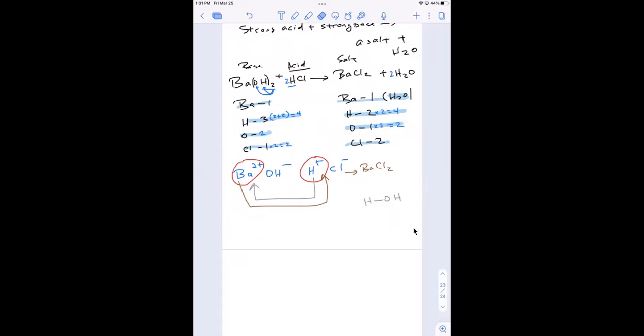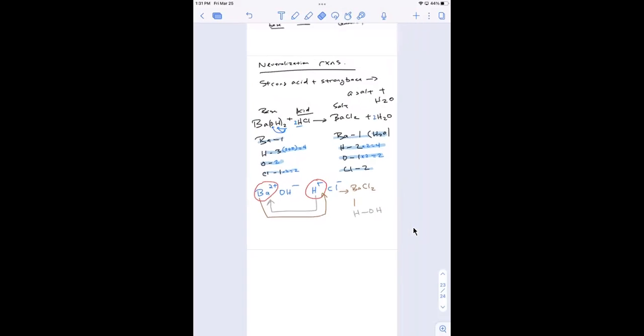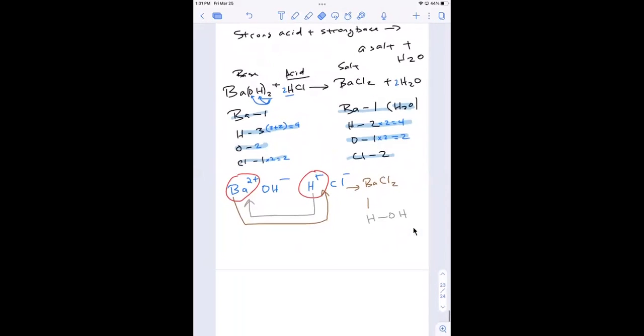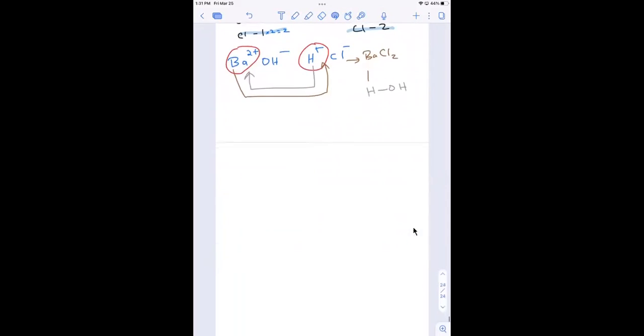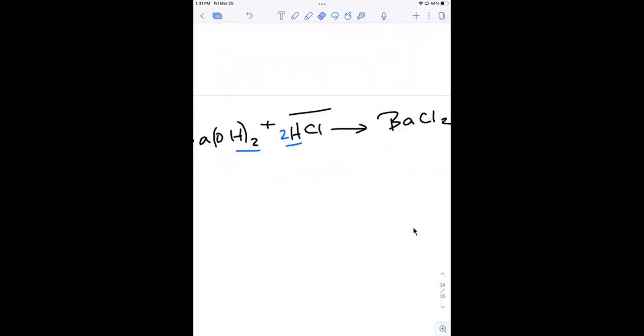So with that being said, we can actually take this equation and write it out in the ionic form, and the net ionic form. So I'm just going to copy, and I'll erase all this other stuff, except for our coefficients, keep those.